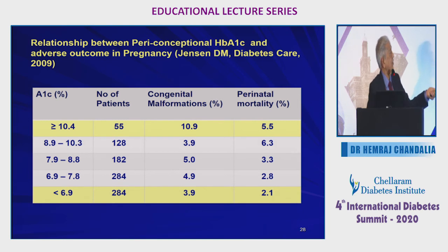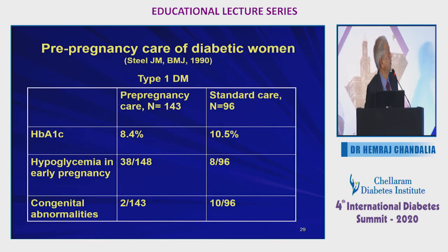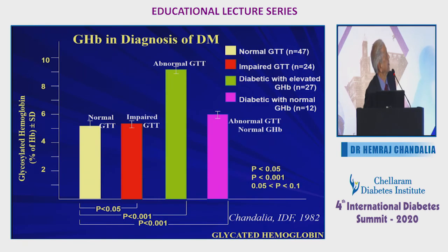And one of course is simple statistical, by doing the parameter in a large number of people, and second is by seeing the clinical correlation of which value really is giving you a problem-free life for your patient, and this is probably 6.9. And if possible, you can go below that, and many pregnant women, now we go below this very well. And of course, you see this pre-pregnancy and standard care again, same thing, so I'll pass on this rapidly.